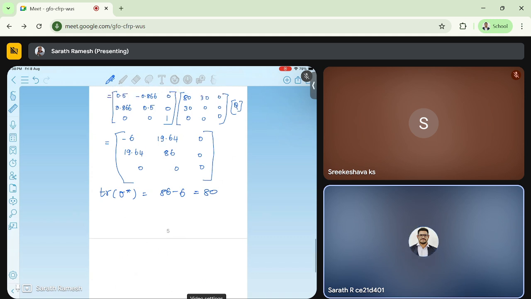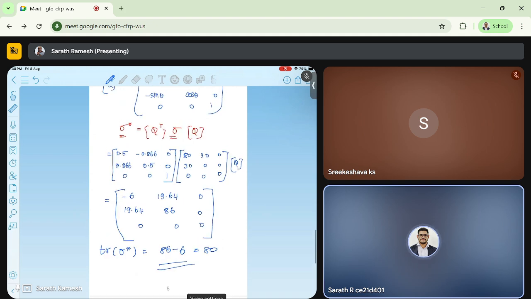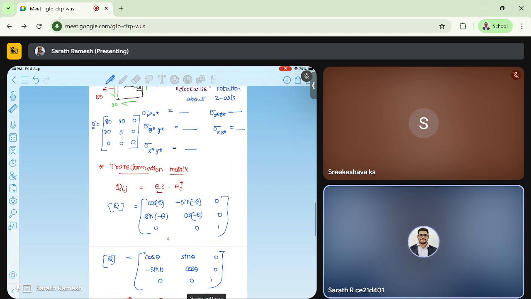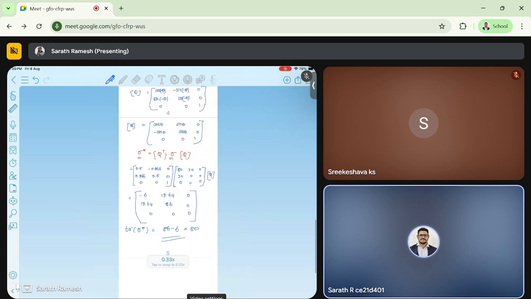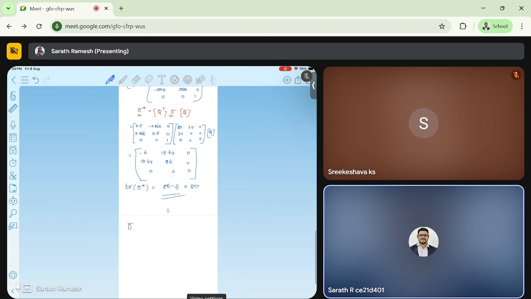Okay, so the answer to the question is: sigma x star is minus 6. Sigma y star is 86.